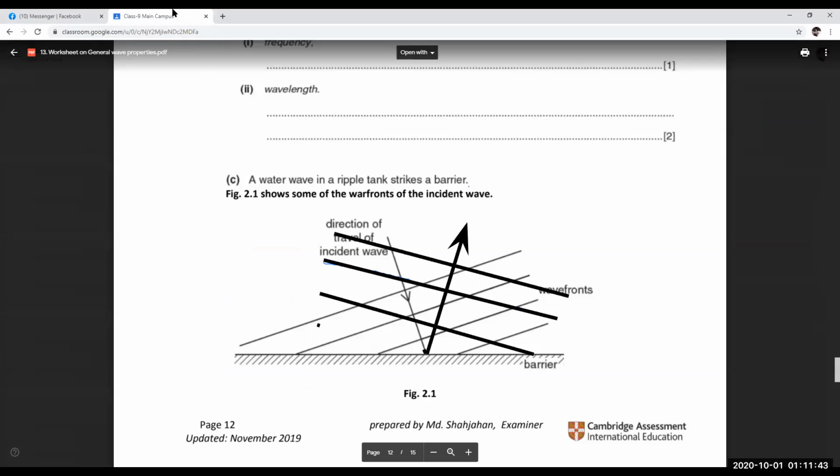Is it clear, everyone? Tell them to finish their drawing, then we can go to the next part. It is very important.